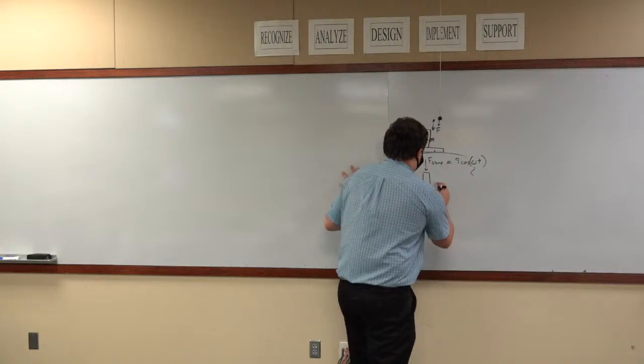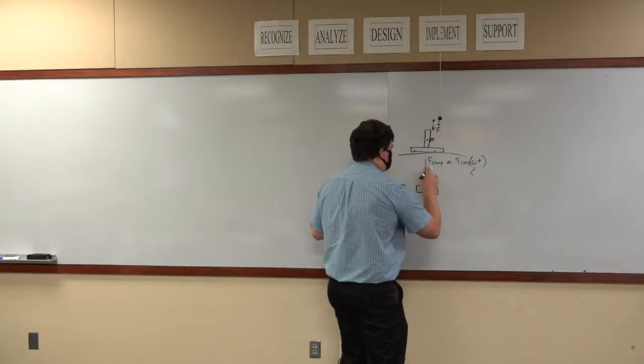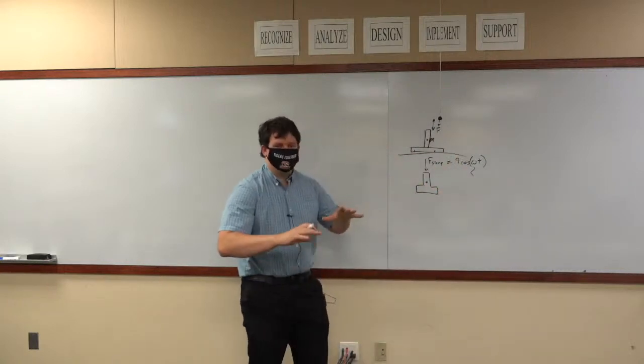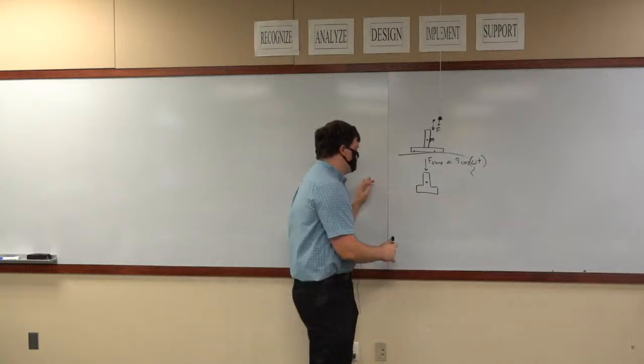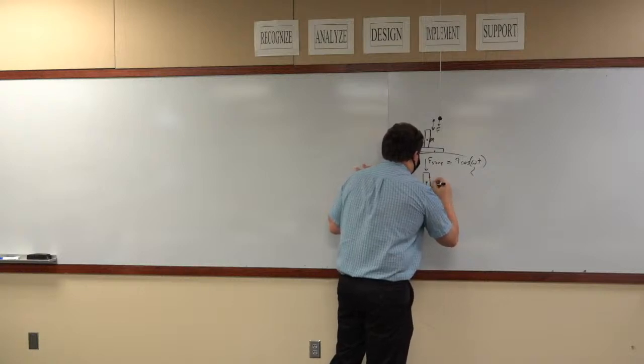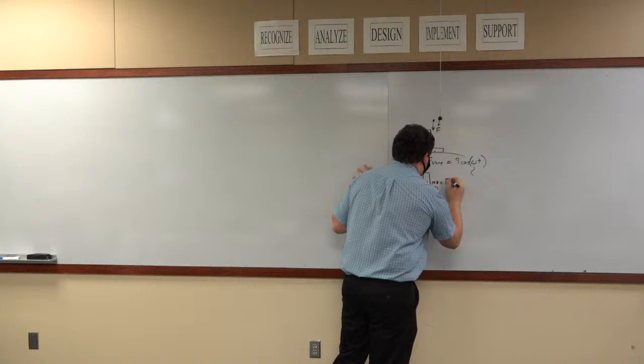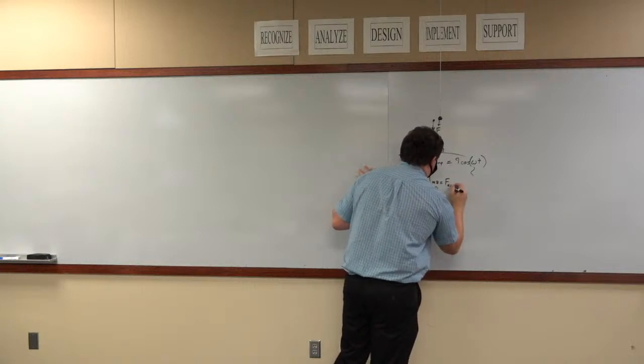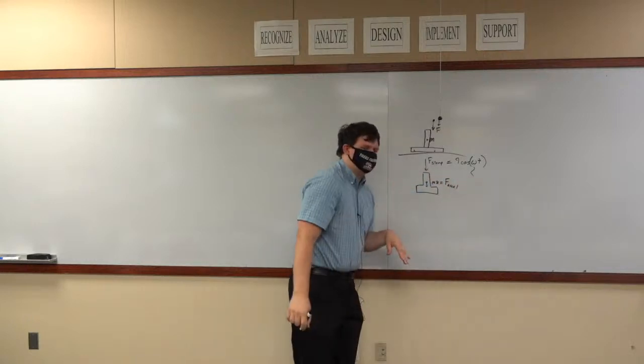And then, if we don't consider that it's actually touching anything on the bottom, we also have a force here that resists that force, equal to mass times the acceleration.